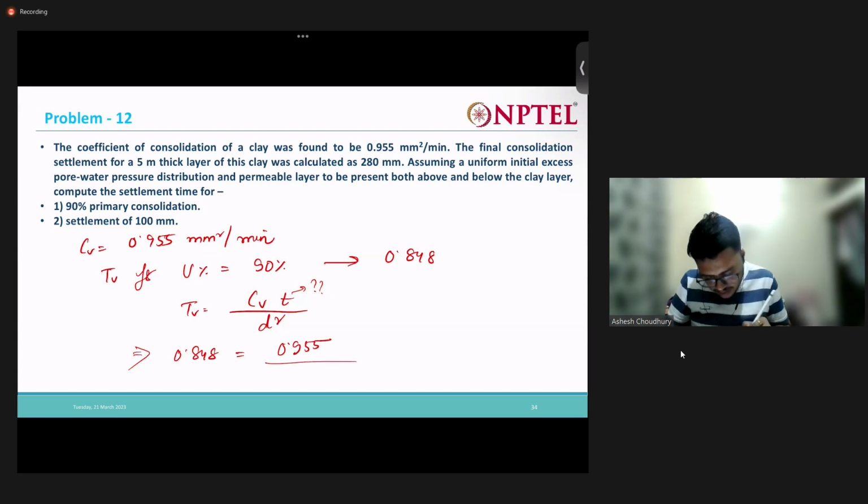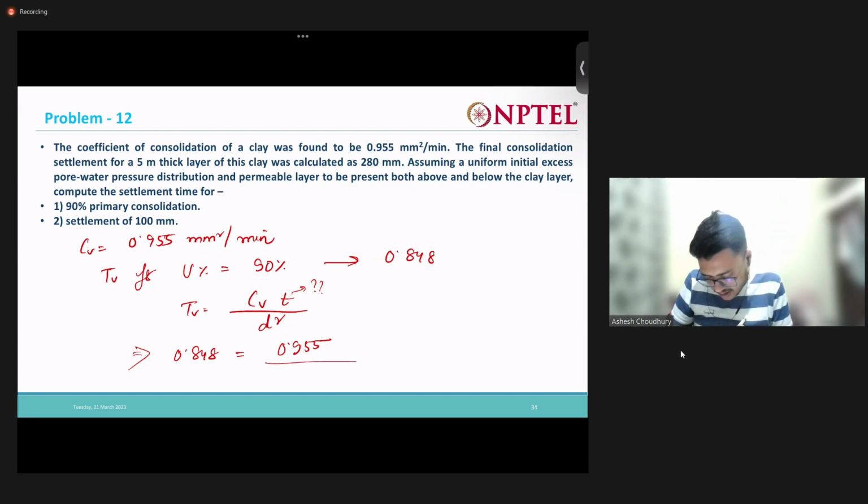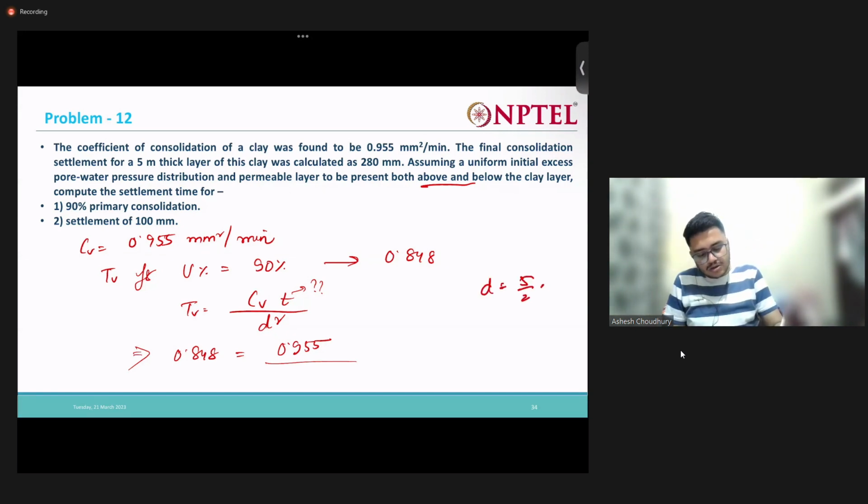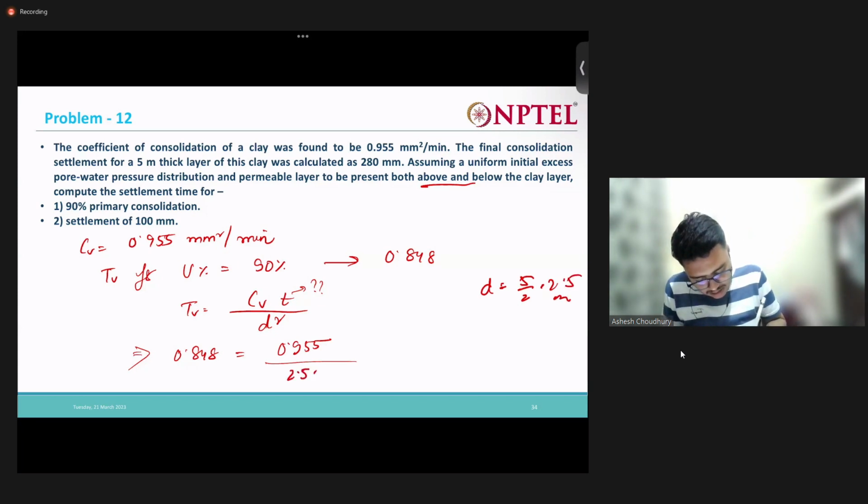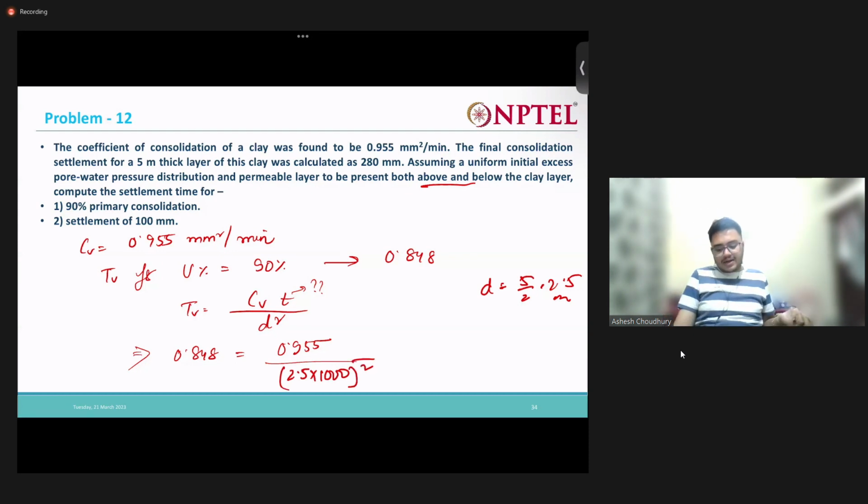And d I know. Double drainage is considered, since the permeable layer is present both above and below. So d is equal to 5 by 2, which is 2.5 meters. 2.5 meters means 2.5 into 1000 millimeters. Why am I converting it to millimeters?